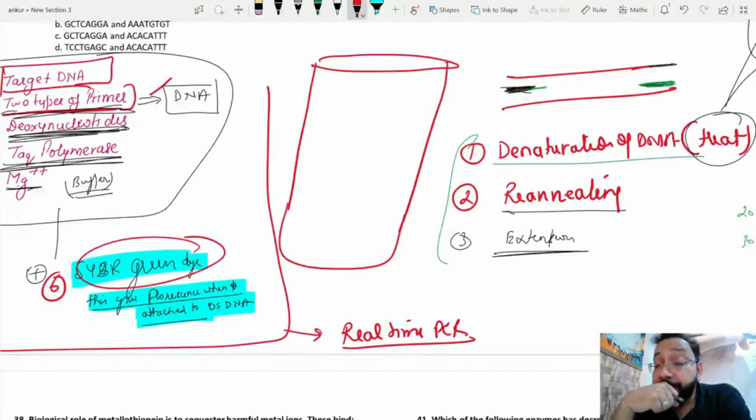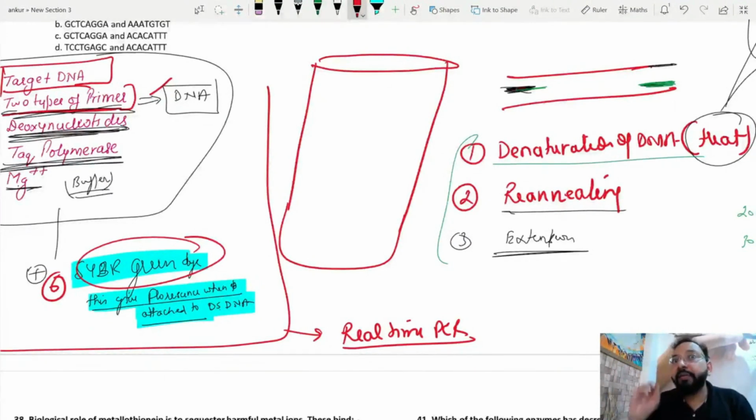So if at any point of time I ask you how much DNA has been formed, you will look at the fluorescence and tell me this amount of DNA has been synthesized till now by looking at the intensity of fluorescence. As PCR moves forward, the fluorescence intensity increases.